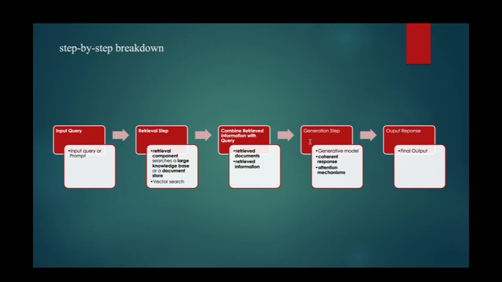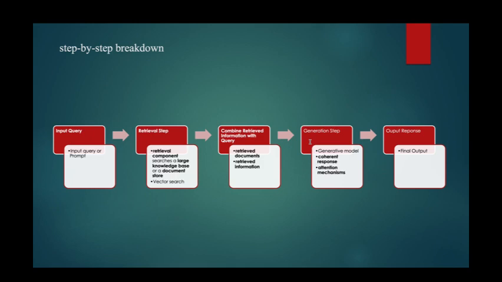This leads to more accurate and informed outputs, specifically in tasks like question answering, summarization, and content generation. The retrieval augmented generation RAG model works by combining two main components, retrieval and generation.